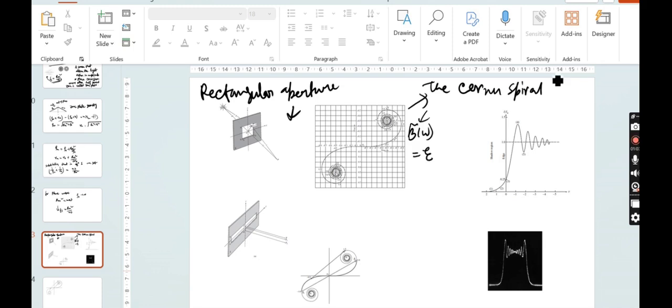It is actually a complex plane that you need to remember. And from this Cornu spiral we can know how the amplitude will behave, and where the spot will be, for quantitative determination of the diffraction pattern.